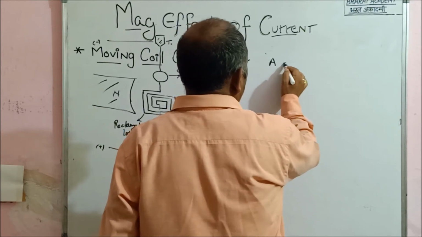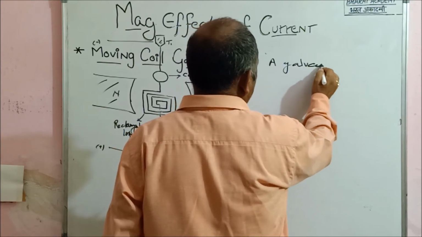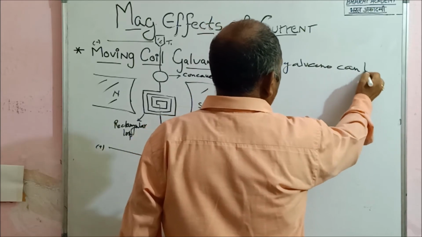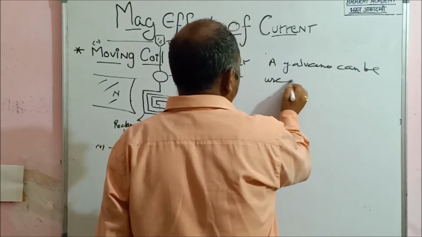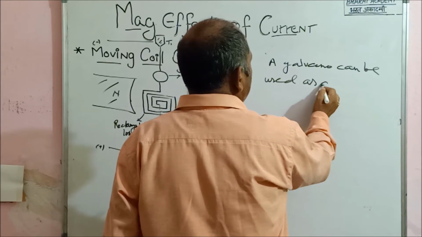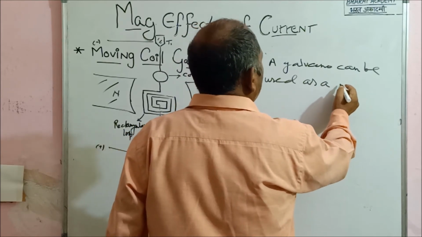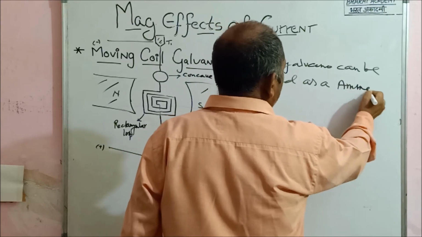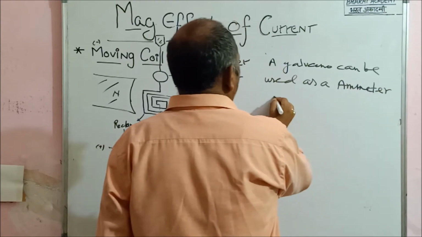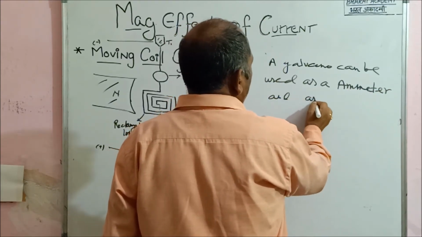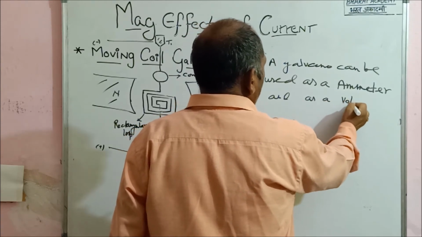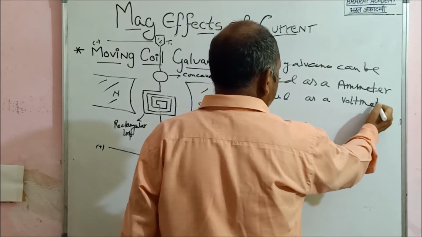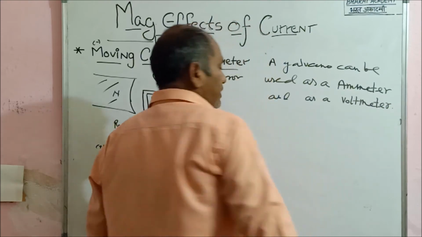A galvanometer can be used as a meter, I could say, to measure the current, and as a voltmeter, right? These are the two functions.